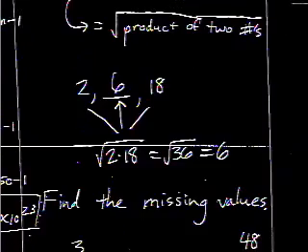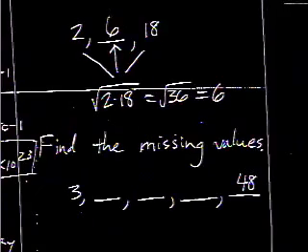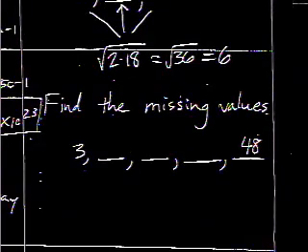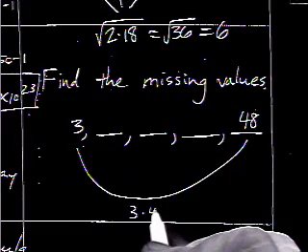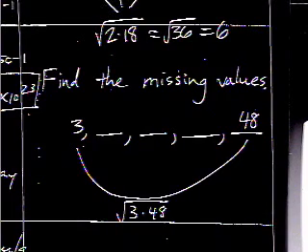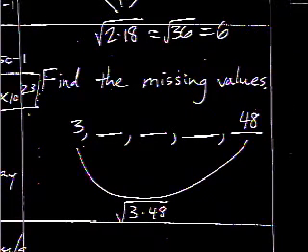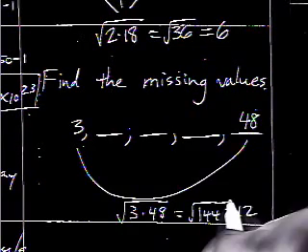What would you do in a case where you had 5 numbers and 3 of them were missing? Well, you're going to find the geometric mean of these two. So 3 times 48, take the square root. 3 times 48 is 144, so that's the square root of 144, which is 12.